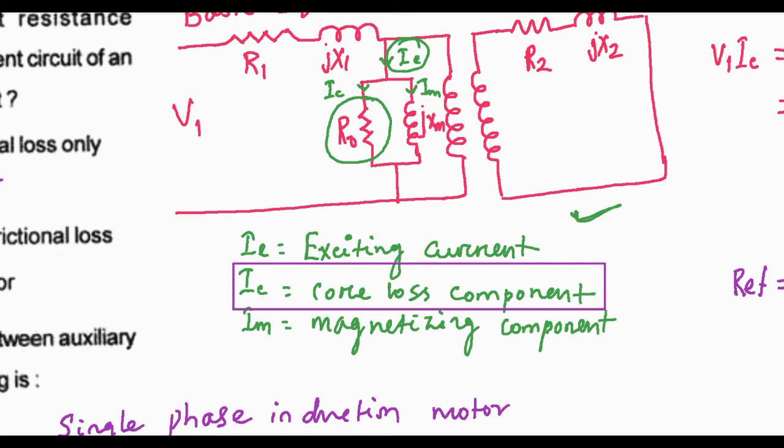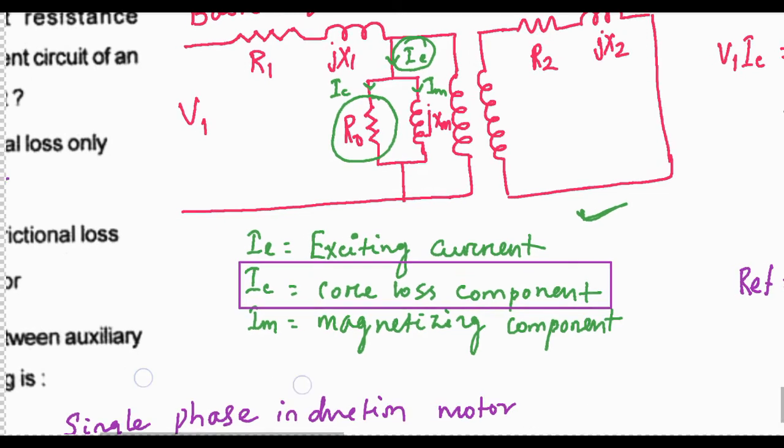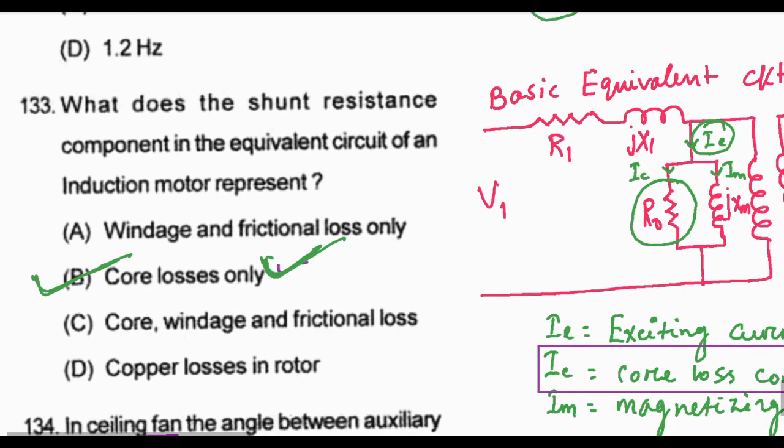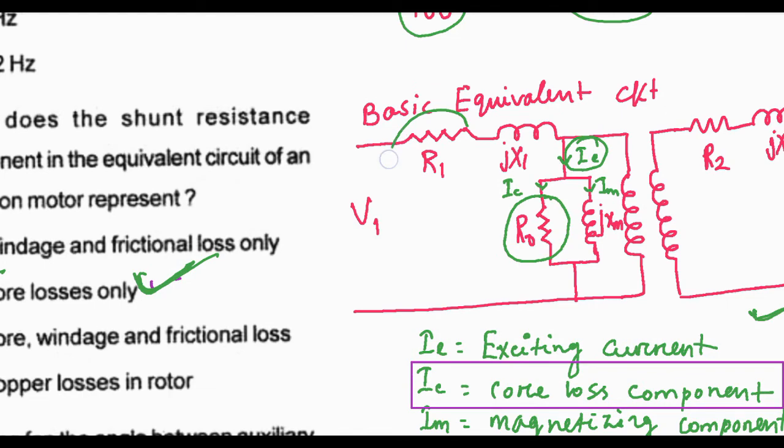So IC is only for the core loss. You may think that it is core loss plus windage and friction loss, but this is not the true answer. Here it is core loss. Windage and friction loss may be included with this resistor, but not with this one.